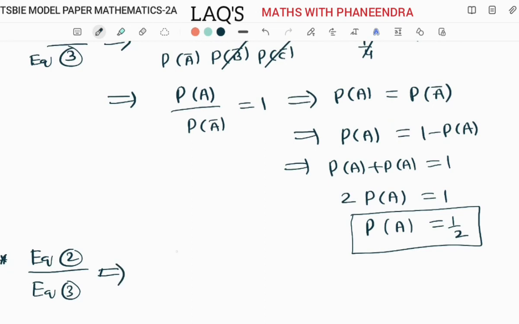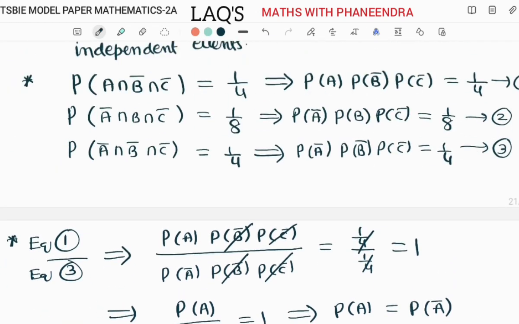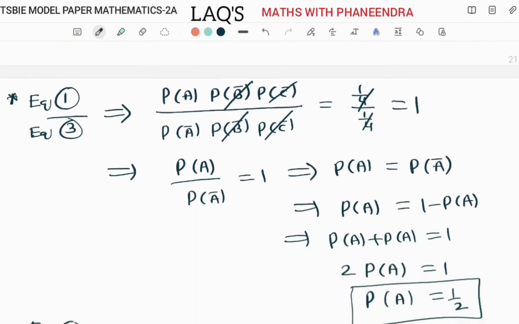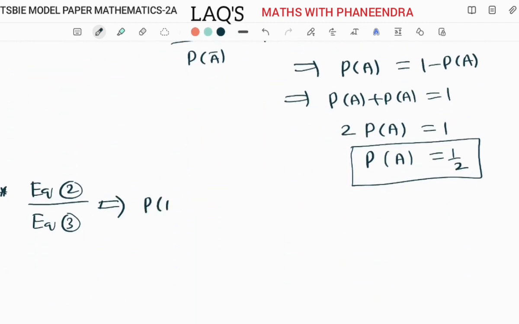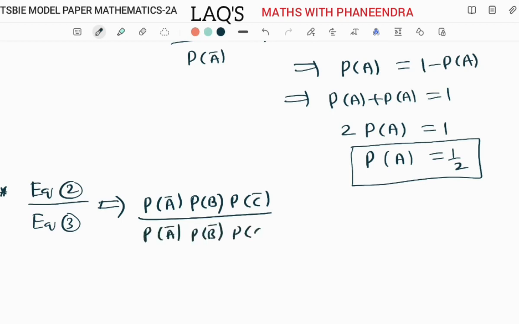Equation 2 means P of A complement into P of B into P of C complement by P of A complement into P of B complement into P of C complement is equal to 1 by 8 by 1 by 4.